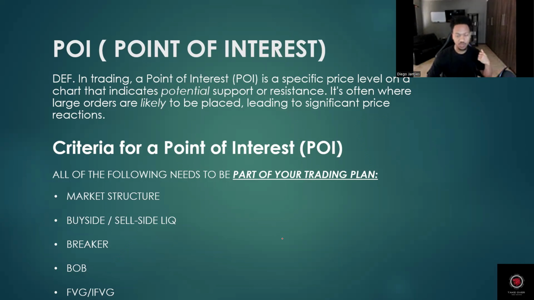Bullish, bearish market structure. Now, to make things a little bit simple, 9 times out of 10, when it comes to price action in general and market structure, there are only two things you are going to find yourself doing, or three if you want to look at it like that, right?